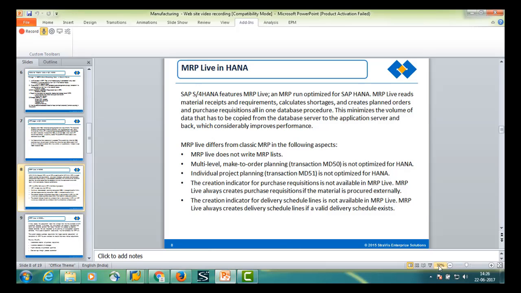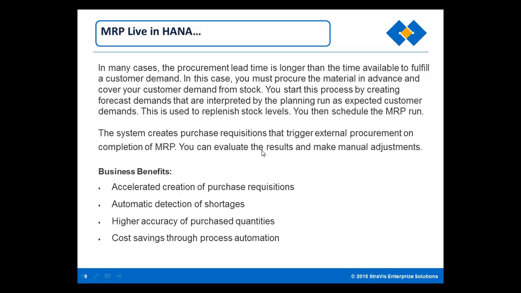And coming down to the next topic, let us have more overview of this. What happens is, in many cases, the procurement lead time is longer than the time available to fulfill a customer demand.